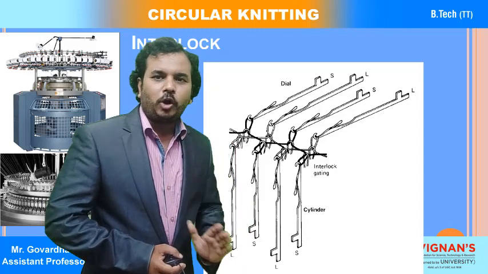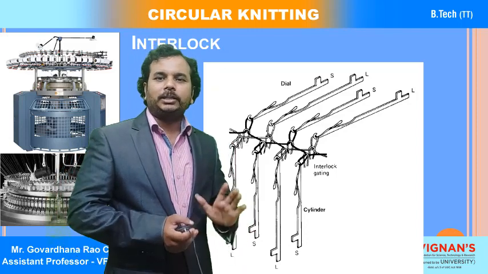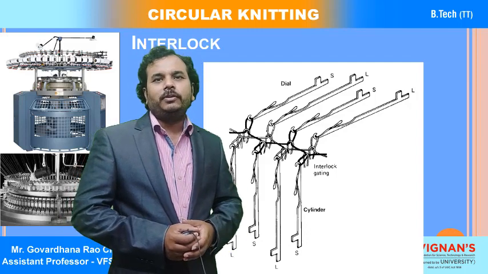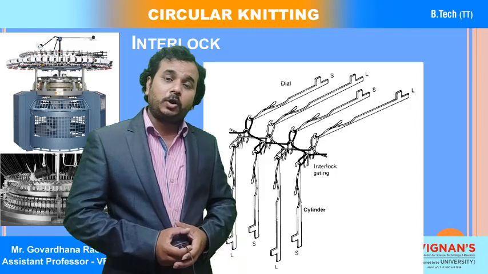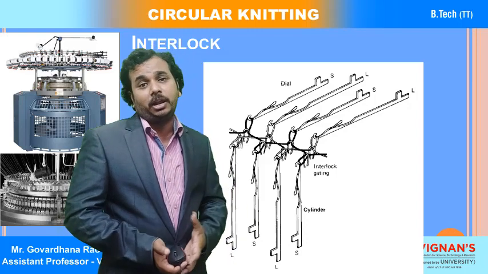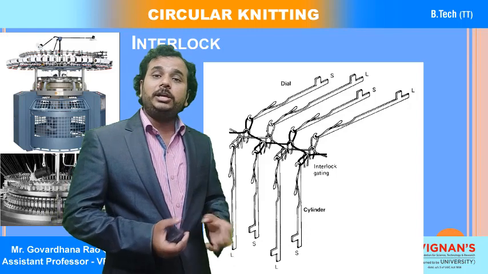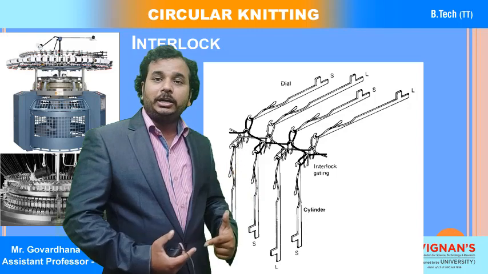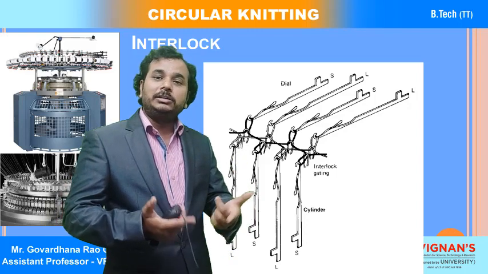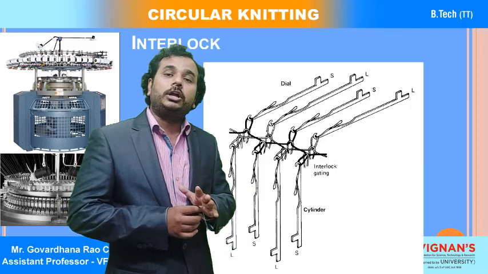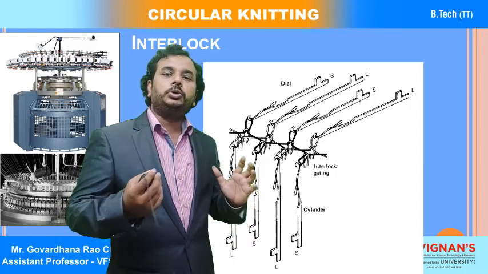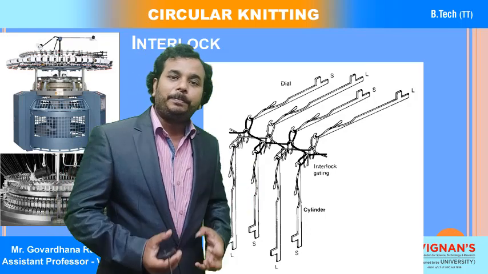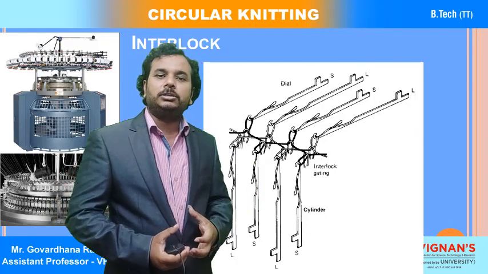If you want to operate all the short needles in the cylinder as well as the dial, you can operate. But all the needles in the cylinder and dial, short needles as well as long needles, at a time you cannot use, because it is going to be damaged, since these needles are kept in the same position.